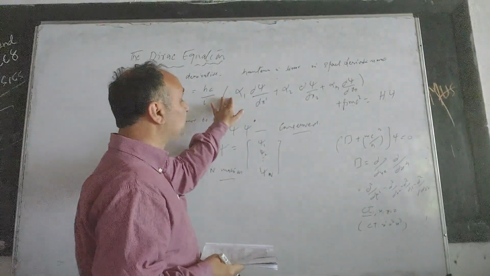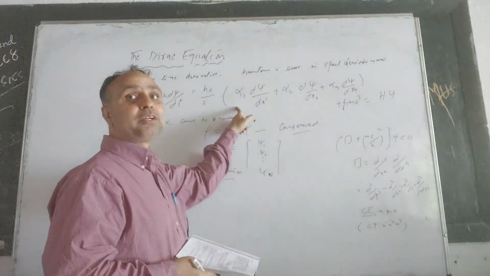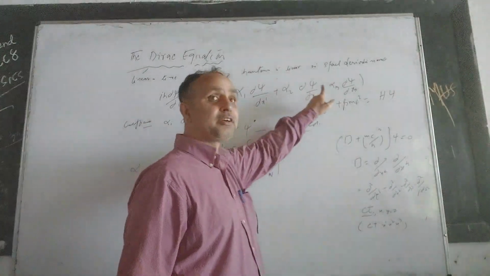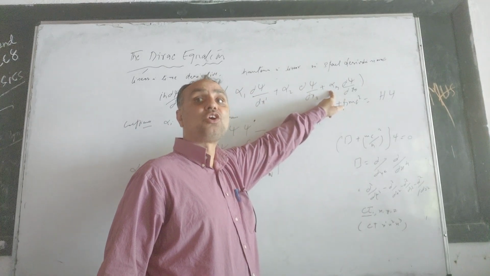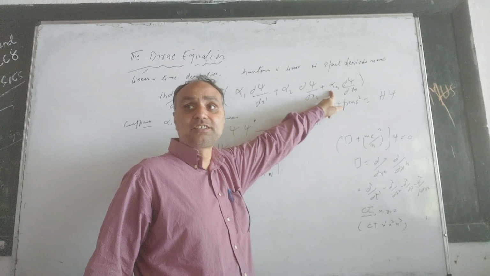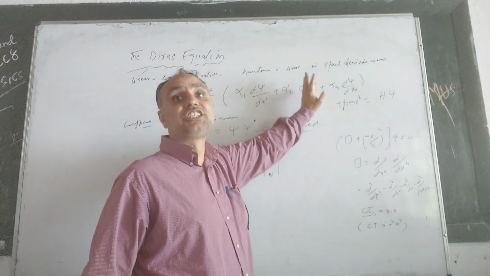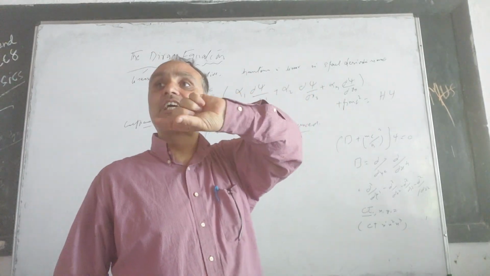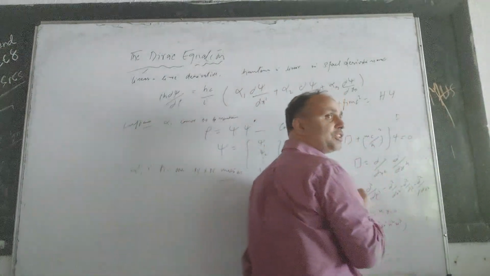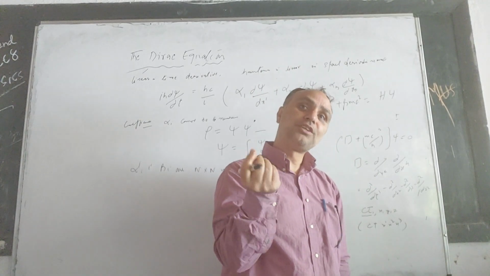Alpha means this. If you remember the early attempts, we said these were different matrices, and our argument of how we can convert a first order differential equation into a second order one: because of the second order differential equation, plus and minus solutions appear on the right hand side, and that gives us negative probability.